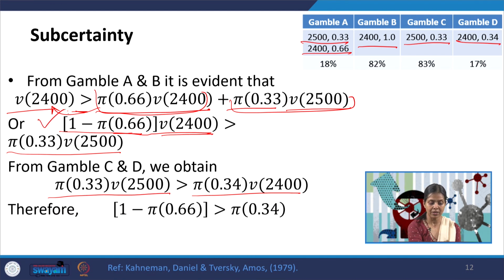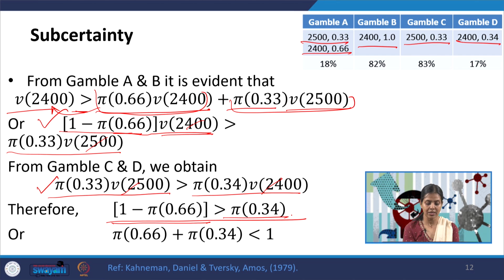If I compare these two, then we understand that 1 minus π(0.66) should be greater than π(0.34), because we can always cancel 2400, 2400, 2500, 2500, right. So, this remains. Now, rearranging terms, we will see that π(0.66) plus π(0.34) is actually less than 1.